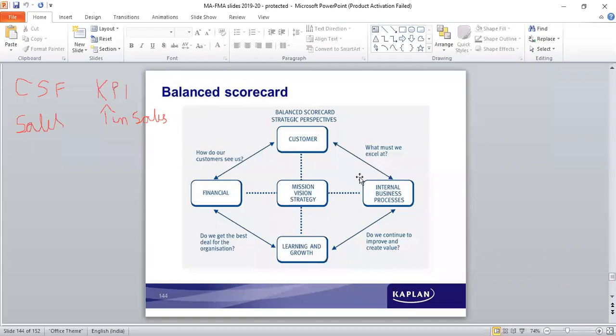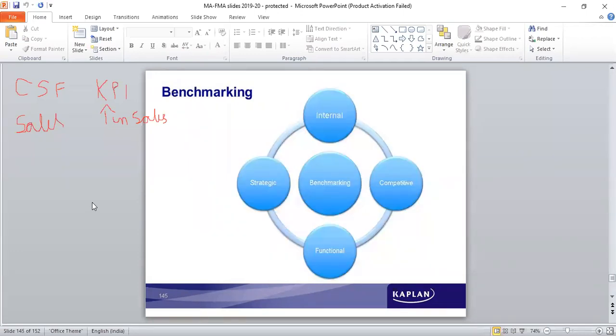That is not possible to know. Okay, that is one major disadvantage. Of course, at an advanced level, you can also talk about other disadvantages. I hope that is clear. Balanced scorecard.